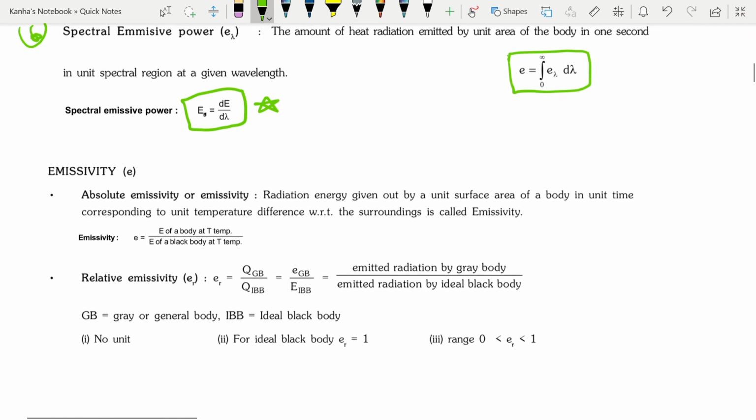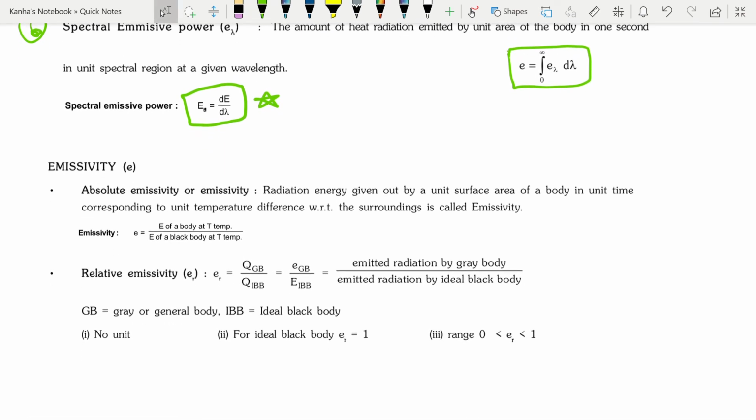Let's talk about emissivity. So this is the 7th one, call this the 8th. The absolute emissivity of the body is the radiation energy given out by a unit surface area of a body in unit time, corresponding to unit temperature difference with respect to the surroundings.